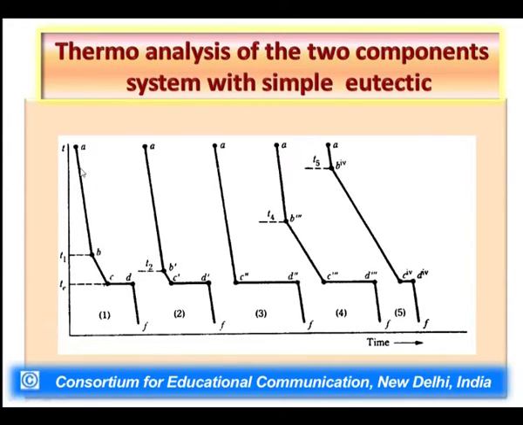and it is very clear from this cooling curve that point B here represents the halt temperature. At this halt temperature, you would observe the start of freezing of one of the components, whose presence is in greater quantity in the liquid mixture compared to the saturation solubility composition, and its crystallization will continue till point C is reached.